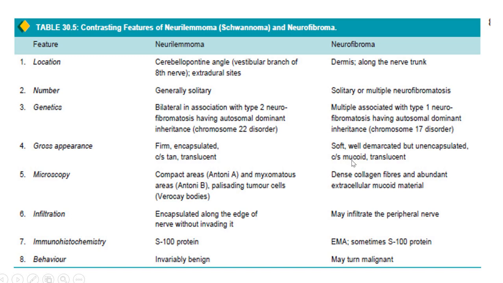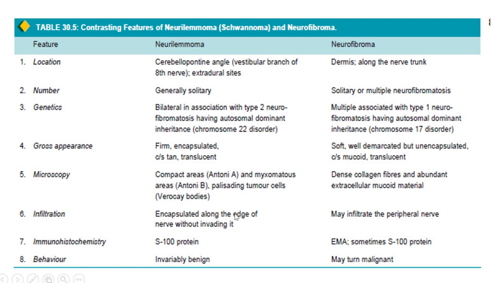on cut surface schwannoma is tan and translucent, and neurofibroma is mucoid and translucent. Microscopy: in schwannoma there will be two areas, Antoni A areas and Antoni B areas. Antoni A are the compact areas, Antoni B are the loose hypocellular areas, and there is presence of palisading tumor cells, which are referred to as Verocay bodies. In neurofibroma, there will be dense collagen fibers with nerve fibers and abundant extracellular mucoid material.